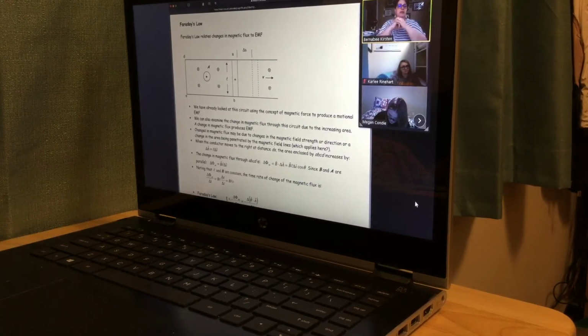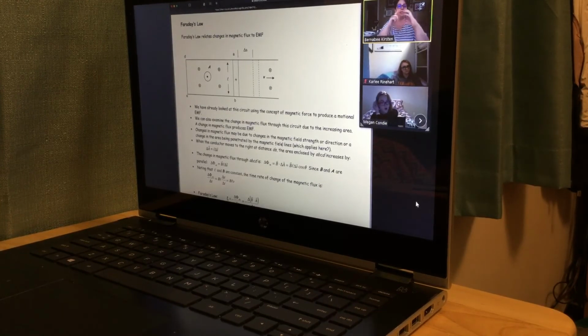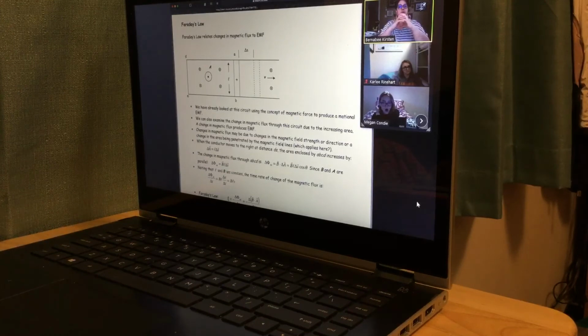That could create a voltage. Or if I expose this conducting coil to a magnetic field that changes in time, that can create a voltage. So Faraday's law looks at all of those cases. We're looking at both area and the magnetic field as they can change in time.